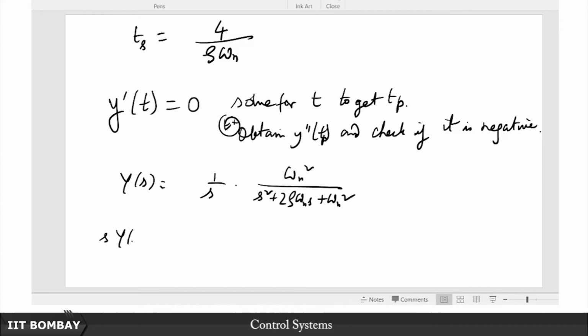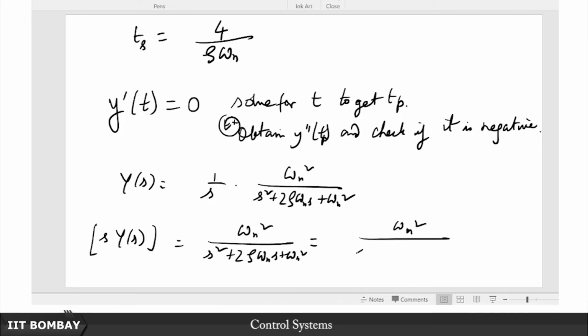Therefore s times Y(s) is equal to nothing but omega n squared upon s squared plus 2 zeta omega n s plus omega n squared, which is nothing but omega n squared upon (s plus zeta omega n) whole squared plus omega n squared times (1 minus zeta squared), right.